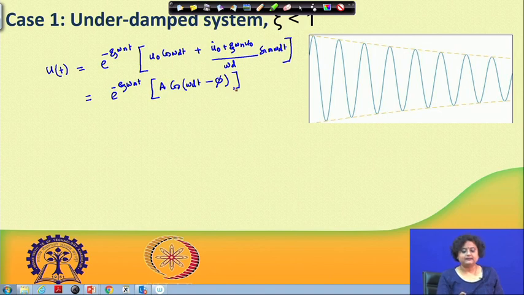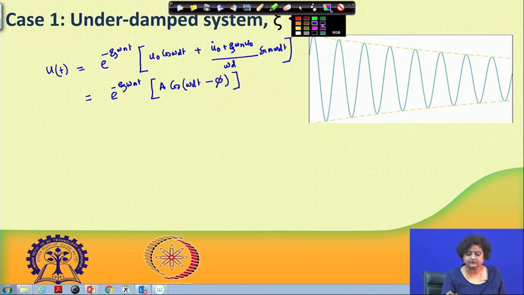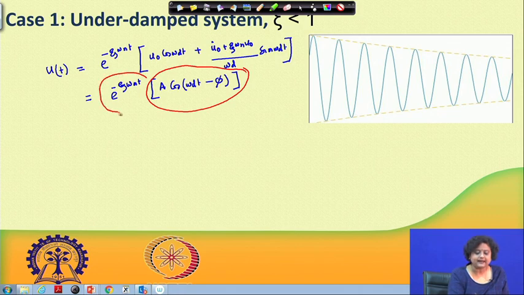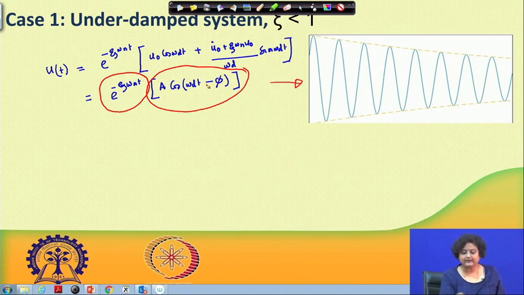We understand that for an underdamped case, the free vibration of a single degree of freedom system is a sinusoidal function multiplied by an exponentially decaying function. Therefore, we get a sinusoid, but with a decay of e to the power minus zeta omega n t. So, this is the response that we are going to get.